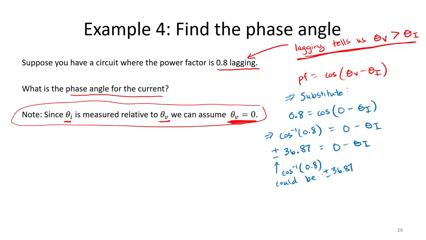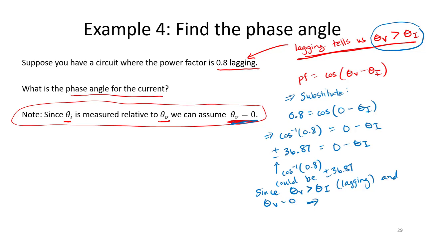So in this case, we need to figure out, which is it? Notice we know theta V must be greater than theta I because we are lagging. And we know theta V here was 0, because we assumed that.